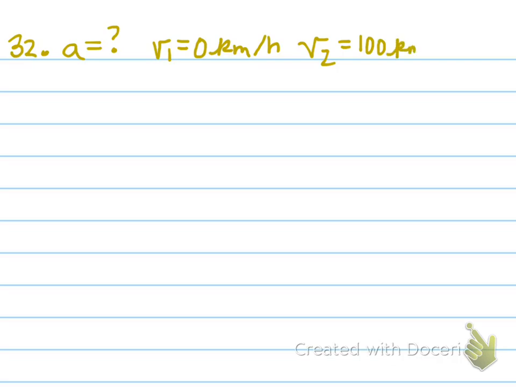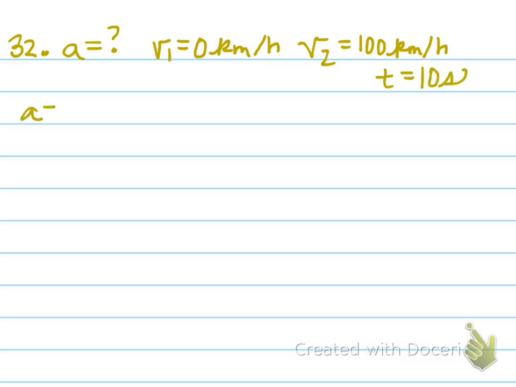Number 32. Calculate the acceleration of a car in kilometers per hour per second that can go from rest. So our first velocity is 0 to a final velocity of 100 in a time of 10 seconds.